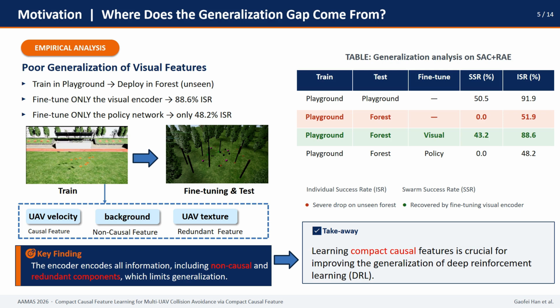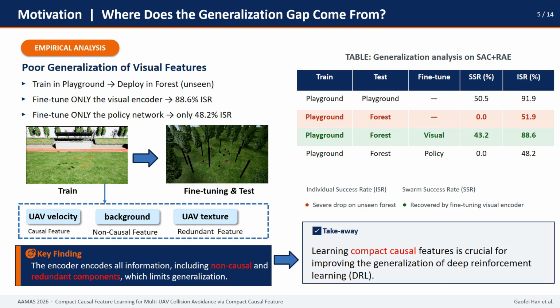We then asked, which component is failing, the visual encoder or the policy network? We fine-tuned each one separately on the forest environment. Fine-tuning only the visual encoder lifted ISR from 51.9% to 88.6%. Fine-tuning only the policy network barely changed anything, still around 48%.